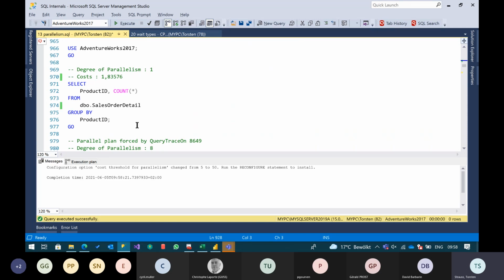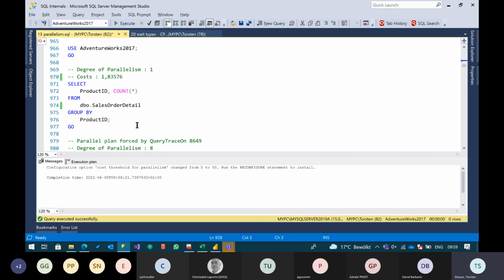and not even the cost reduction, also the elapsed time, because in the end, I personally do not care about costs, because costs are always estimated. You already see this in the execution plan. There is nothing like the actual cost. There's always something named estimated subtree cost.